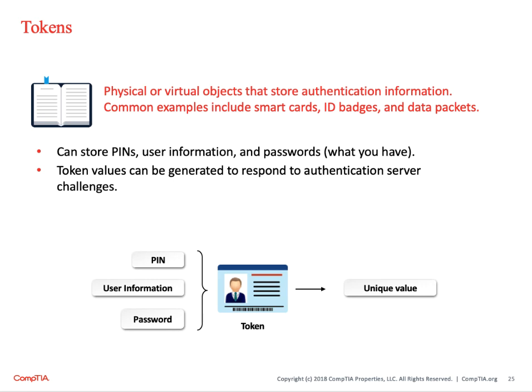Tokens. So a token is a physical or virtual object that stores authentication information. Examples would be smart cards, ID badges, even data packets. But I guarantee you, pretty much all of you are walking around with a token right now, because your credit card with the chip is a token.